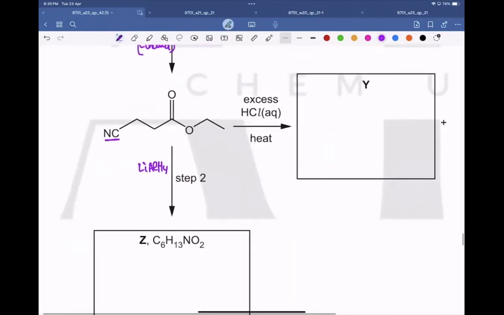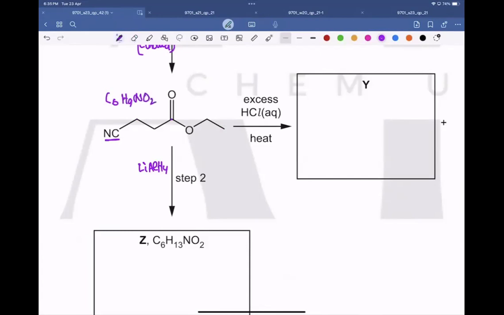If you make its molecular formula, there are 6 carbons. Now, if you count hydrogen, there are 9 hydrogens, and it's NO2.